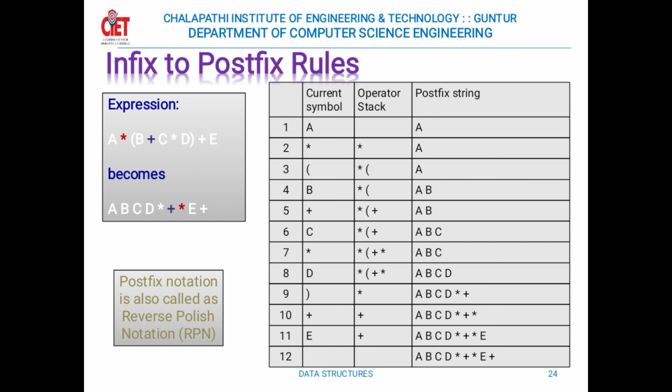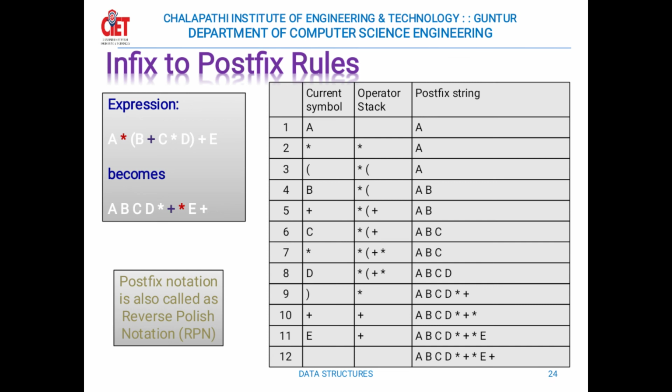Next B, displayed as it is. Next plus, push onto the stack. Next C, displayed as it is. Next one is star, push onto the stack. Next D, displayed as it is. The next one is a closed parenthesis.